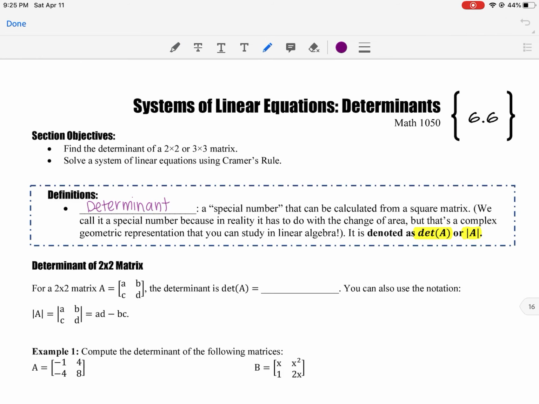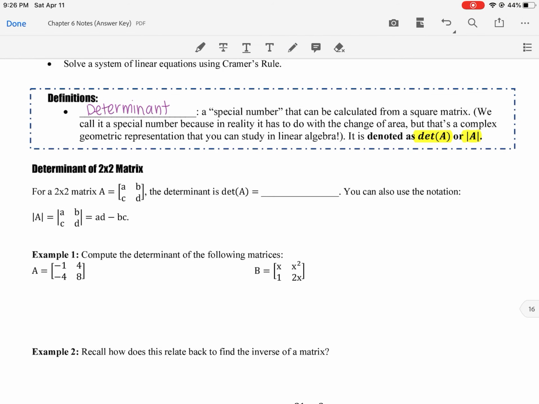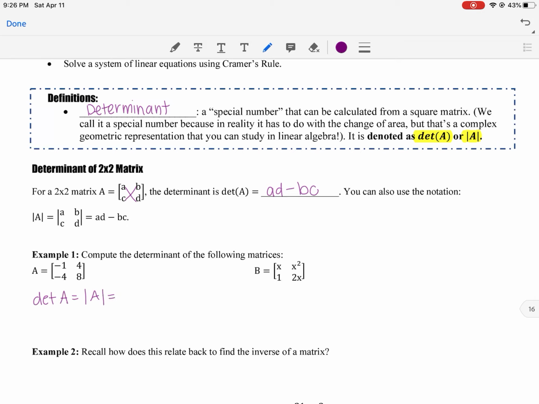It's going to be denoted either as det of A, for determinant of A, or it almost looks like the absolute value signs, but it really means the determinant of that matrix. So we did this last time, but for a 2 by 2 matrix, we take A times D minus the quantity of B times C. You can also use the notation of straight bars on either side, rather than the brackets for the matrix, and that will also represent the determinant.